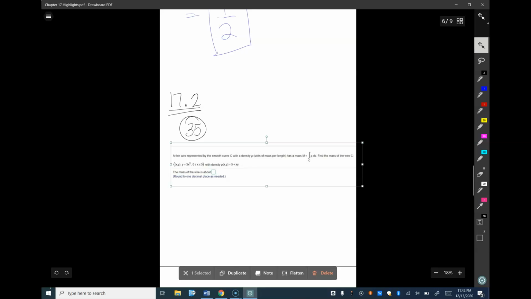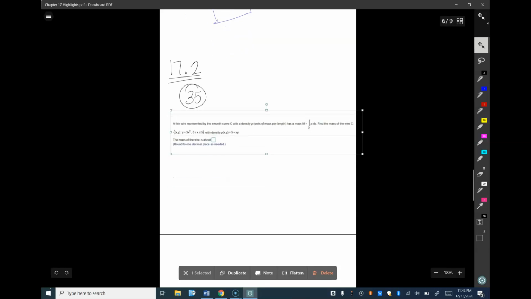So we would just want to write rho also in terms of our parameter t. And then we'd have to change ds to dt. So we'd probably have to work out one of those little derivative formulas to see how those would switch with each other.